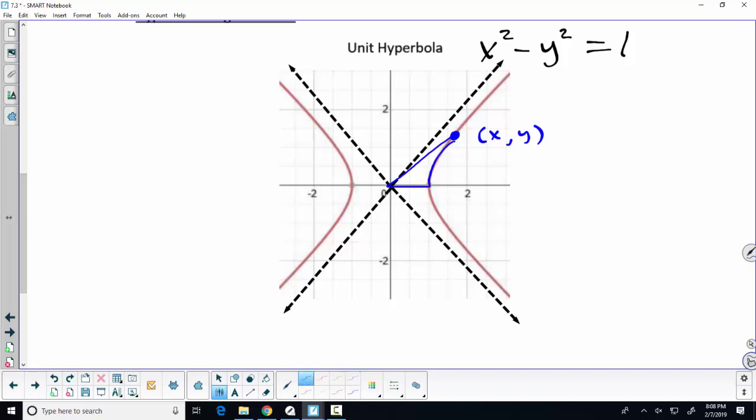So let's write this out again. We could call this theta, not to be confused with the other theta, so maybe we should call it t. This is t. Cosh of t is x, and sinh of t is y.